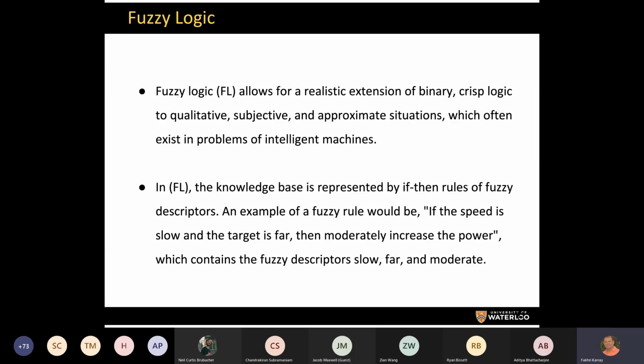So, for instance, an example of a fuzzy rule would be: if the speed of a car is slow and the target is far, then moderately increase the power. So the target here means the car in front of you. So if the speed is slow, so you have enough distance and the target is far away, then moderately increase the power for the accelerator of your system. So here we are not speaking about true or false, the speed is high or low, or the speed is 90 kilometers or 100 kilometers.